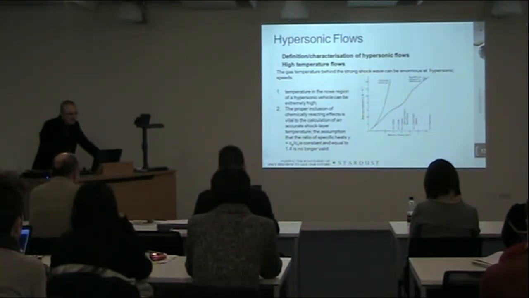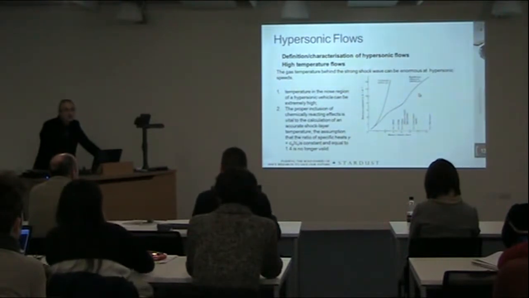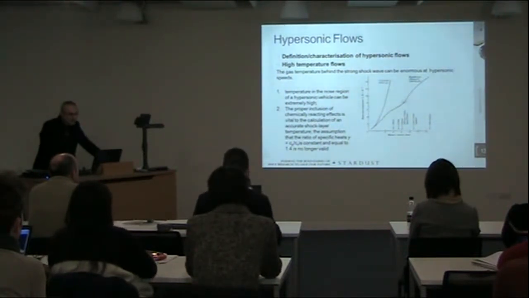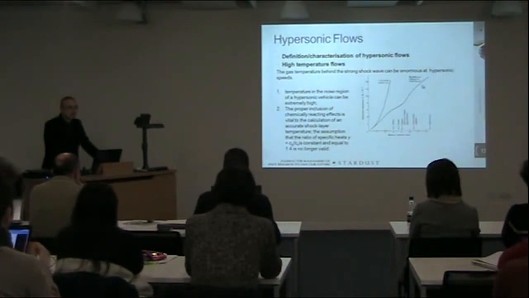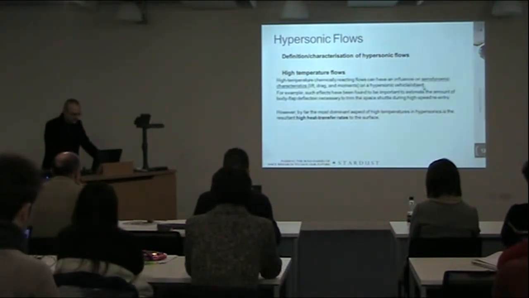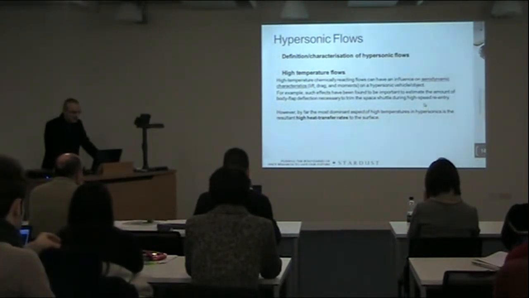Something more realistic is if we consider the gas not perfect, but in thermal equilibrium. Then we have a less conservative value, which is actually closer to the values that have been measured on space vehicles.